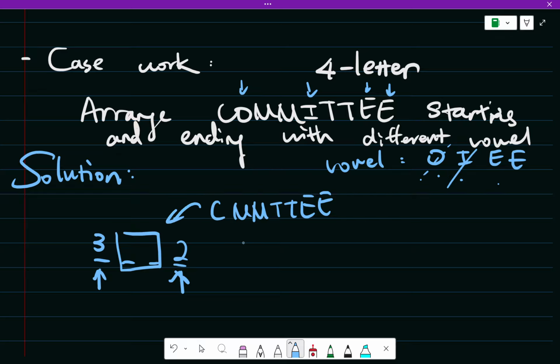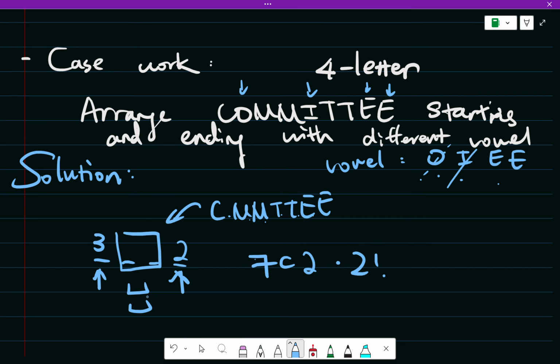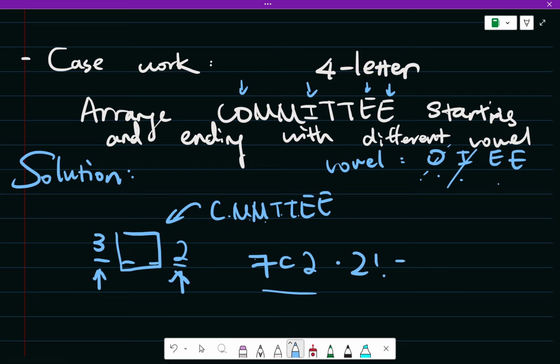We can do 1, 2, 3, 4, 5, 6, 7 letters, and we can just choose two from the 7 letters and just do a permutation for the two possible. Because we can switch the positions in the middle, so that 2 letters could generate 2 different possibilities for each pair of letters that we chose here. So this will just give us the answer and we're done.